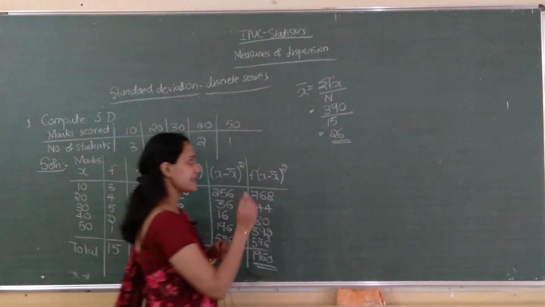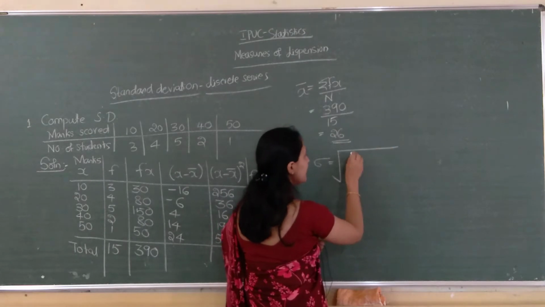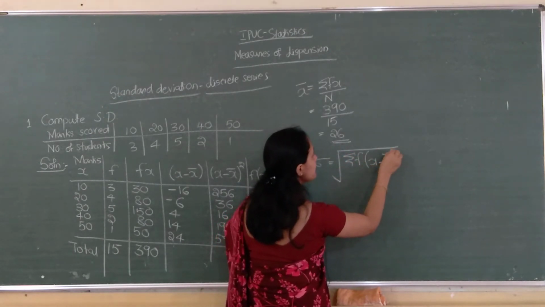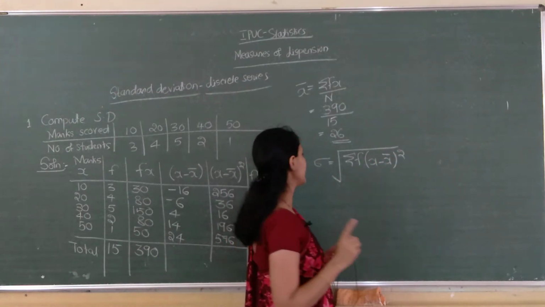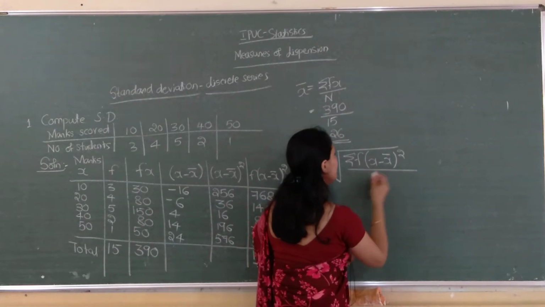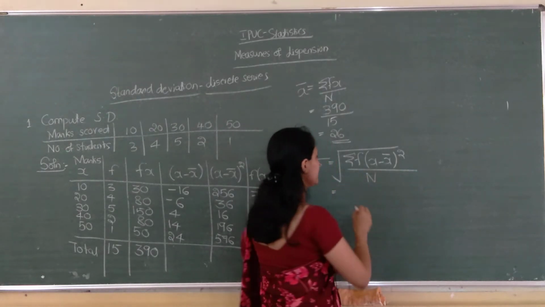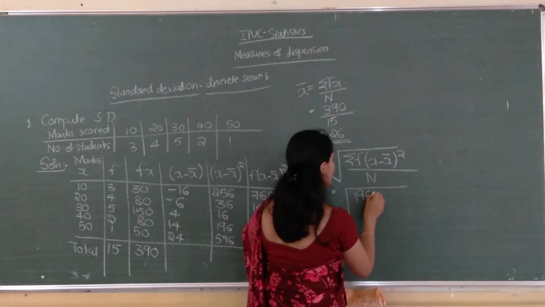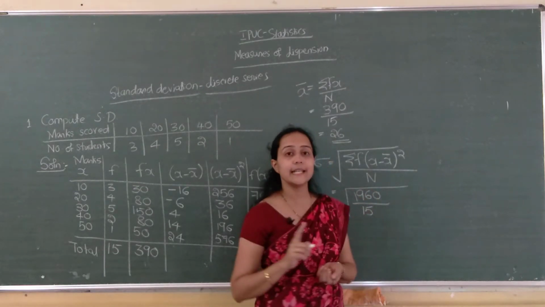Clear? Yes. Next, apply the formula to compute sigma. Standard deviation equals the square root of sigma f into x minus x bar the whole square divided by capital N. Remember, the square root is there. So, it is the square root of 1960 divided by total frequency, which is 15.